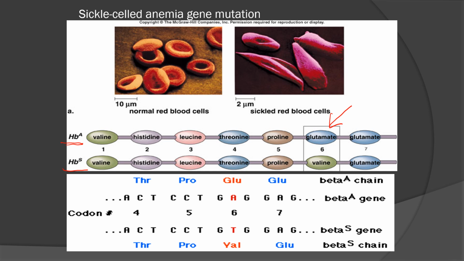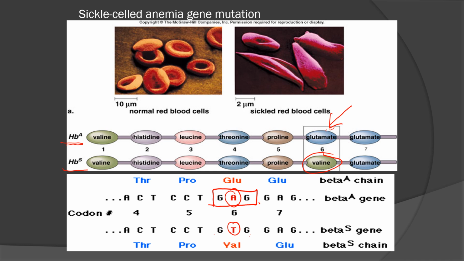With sickle cell anemia, that codon in the DNA should be GAG, but there's a mutation and the A has been changed to a T. And so instead of being GAG, it's GTG. GAG codes for the amino acid glutamate, but GTG codes for the amino acid valine.